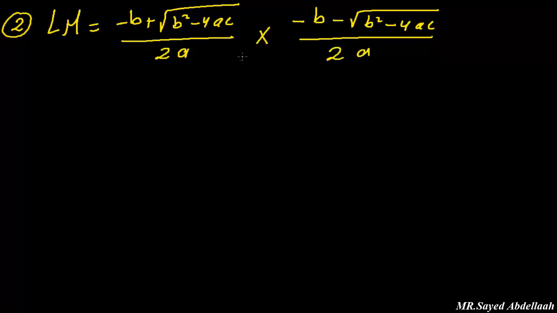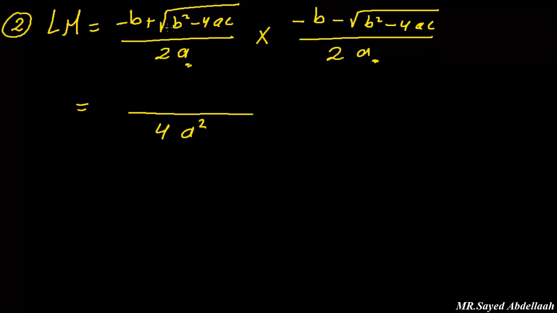To multiply the two fractions, first multiply numerator by numerator and denominator by the second denominator. Then we have denominator 2a times 2a equals 2 times 2 equals 4, a times a equals a², so 4a².